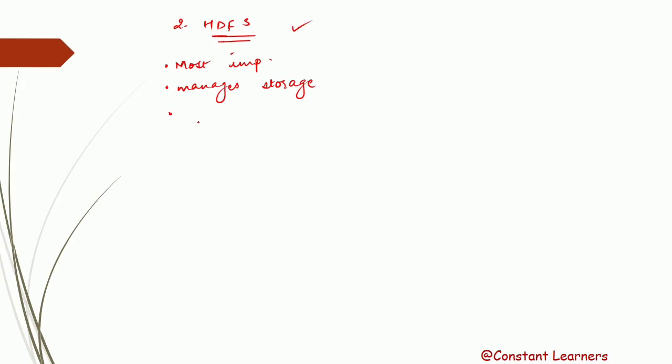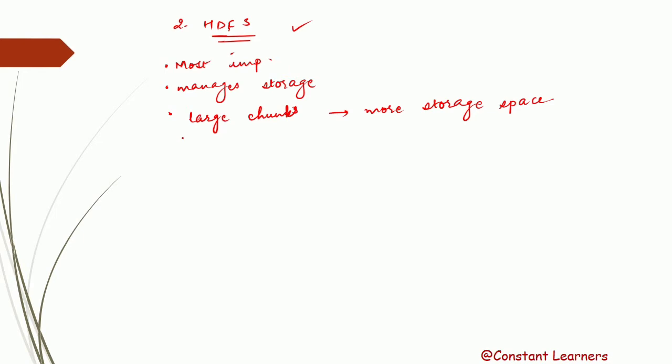Now HDFS also stores the data in large chunks, rather than storing it in smaller data sets, and that is why, how does it help? It can store a lot of data. It gives a lot of storage space. So more storage space becomes available because the data is stored in large chunks.